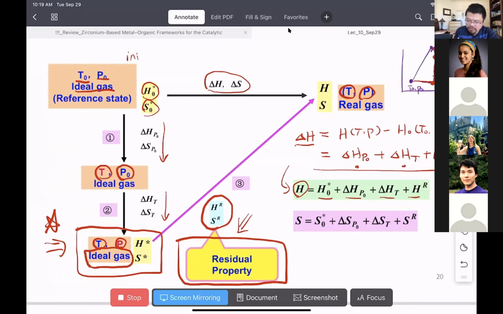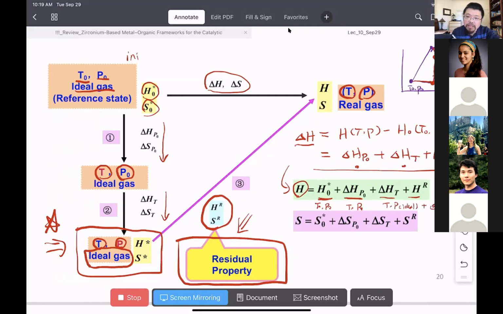That is the initial true ideal gas at T naught, P naught. That is also the ideal gas at T, P naught. This is T naught, P naught. This is at T, P naught. This is at T, P, but we still assume the ideal gas behavior. This is the difference we are going to add.